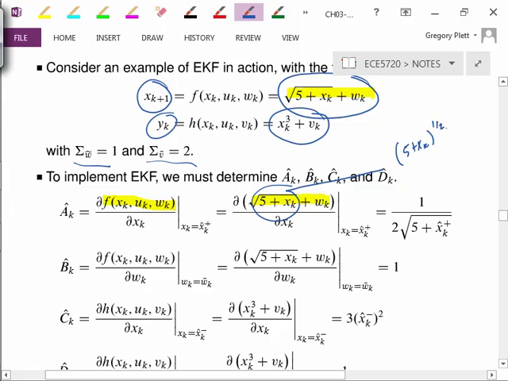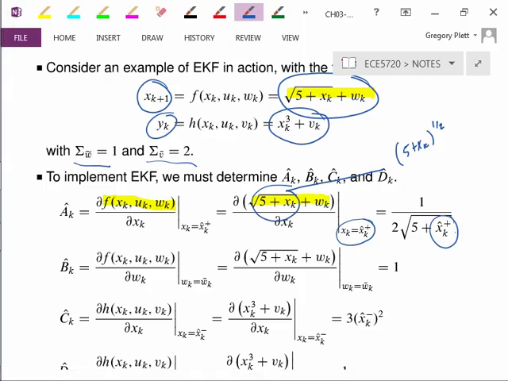So I end up with 1/2 times 5 plus x_k to the minus 1/2 in our answer. But we would have an x, which we have to replace with x hat, which we get in this result.